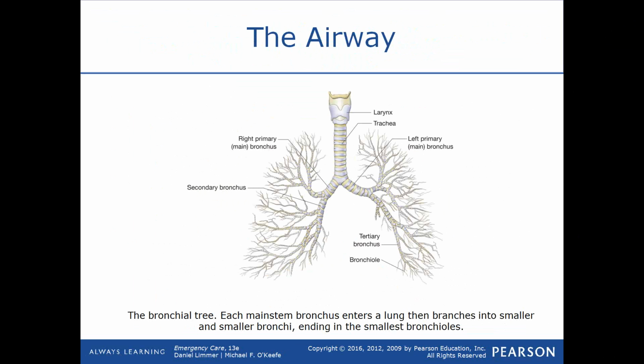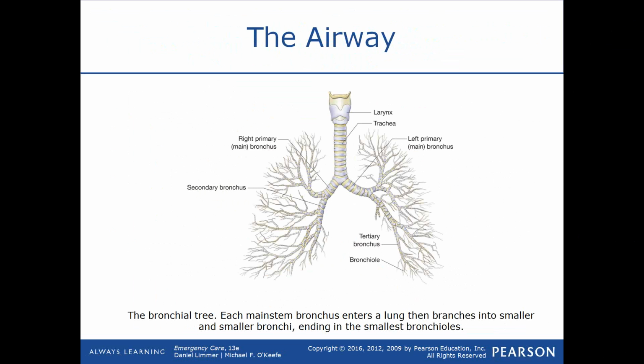And the trachea travels down, and at the level of the carina divides into two main stem bronchi. So the left main stem bronchus and the right main stem bronchus continue on to the left lung and the right lung.